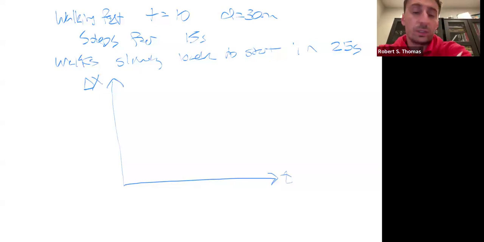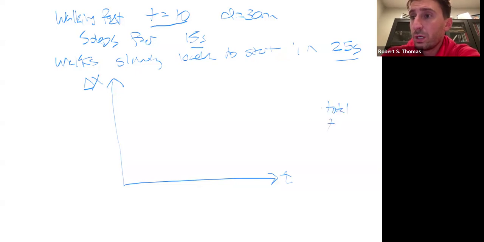Okay, so let's think about this. We know the total time: he starts walking 10 seconds, he stands still for 15, and he walks another 25. So we have a total of 50 seconds. So total time equals 50 seconds.